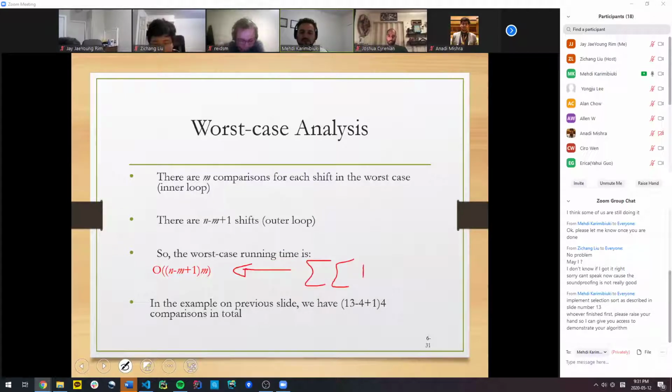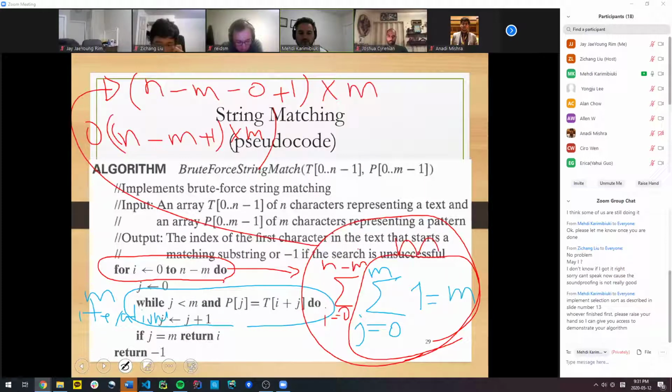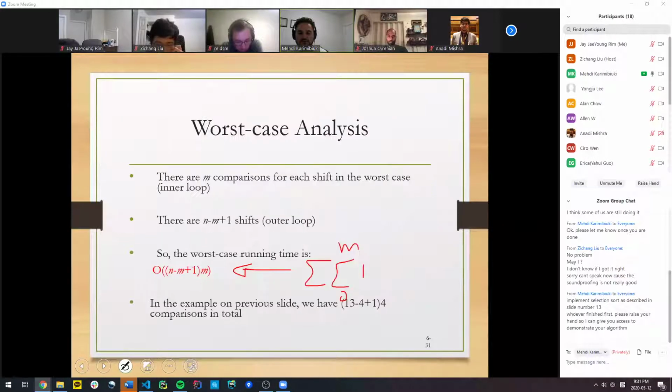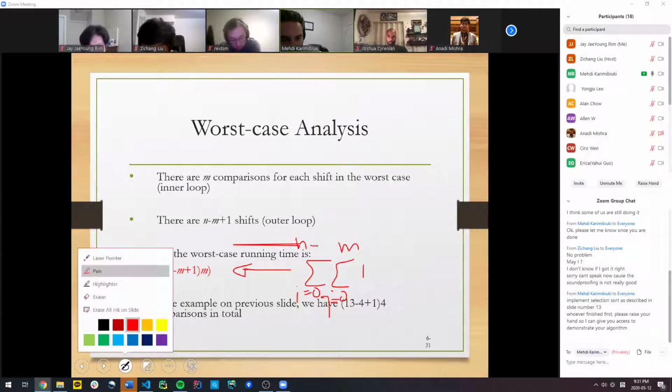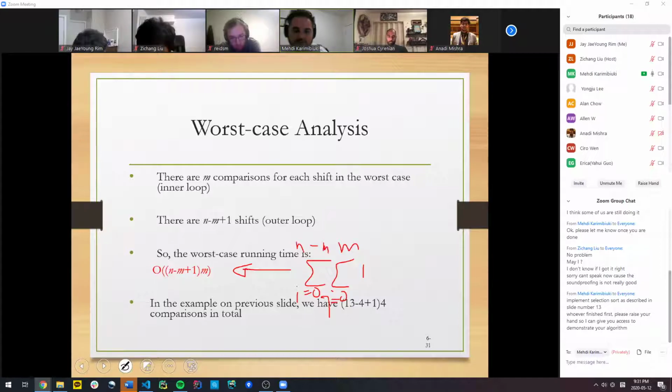Yeah, we have 2 sigmas, j equal to 0 to m, and then i equal to 0 to n minus m. Okay.